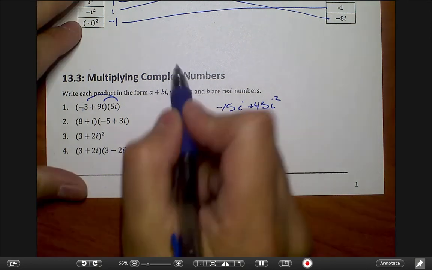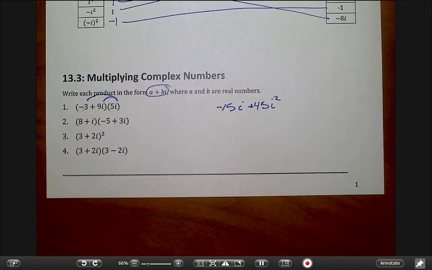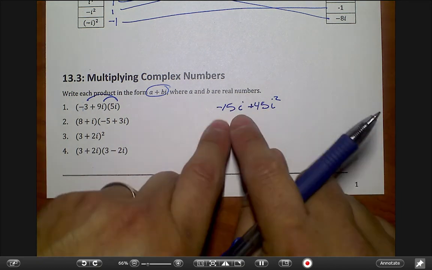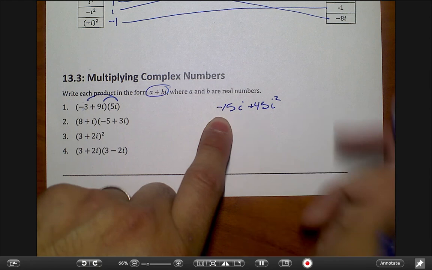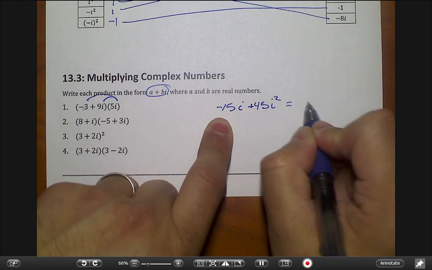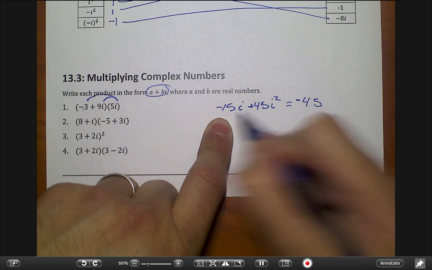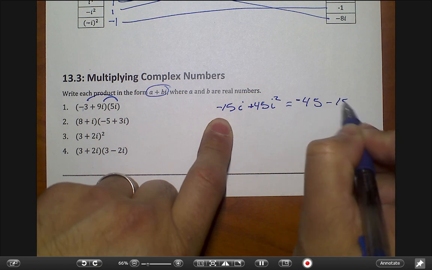But it also has to be in this order right here too. So i squared is negative 1. So the 45 becomes a real, and this is my imaginary. So this is going to give me negative 45, minus 15i.